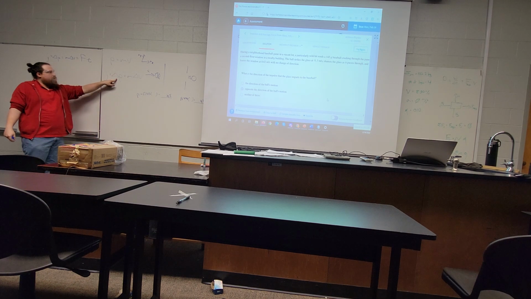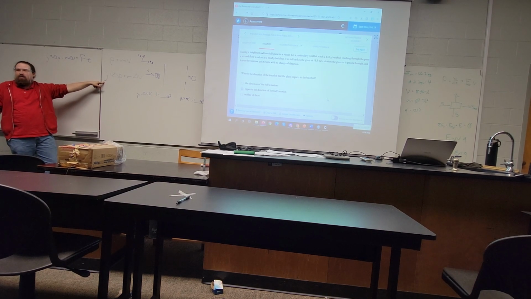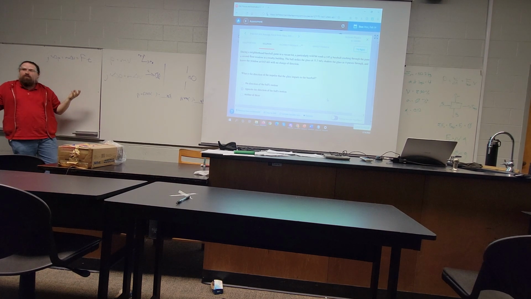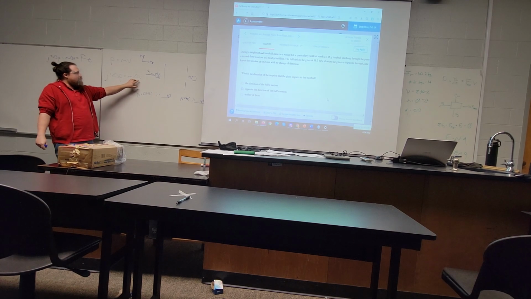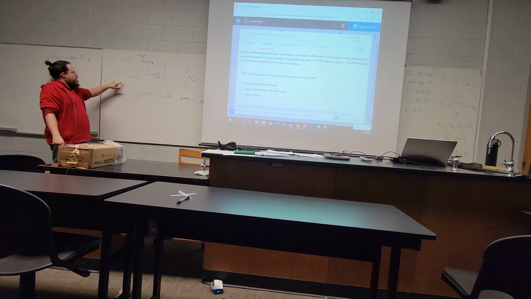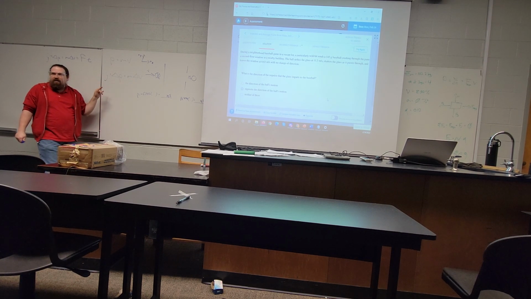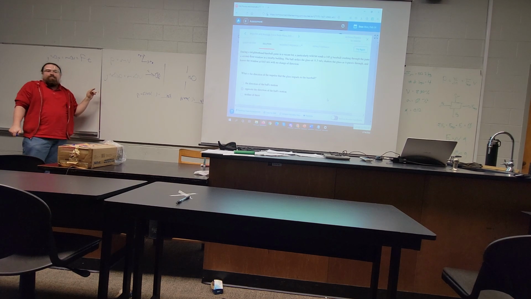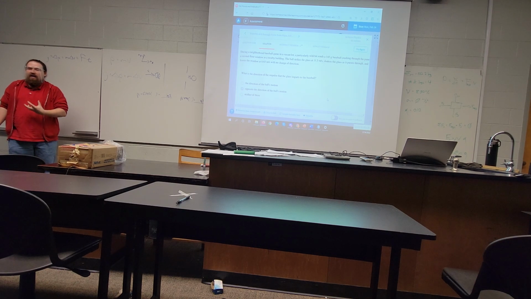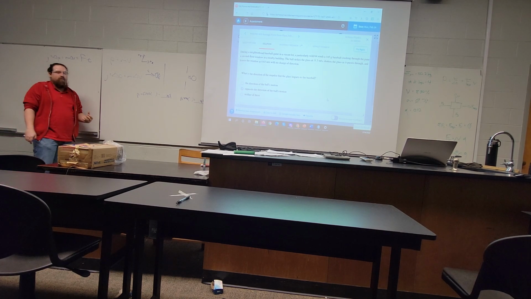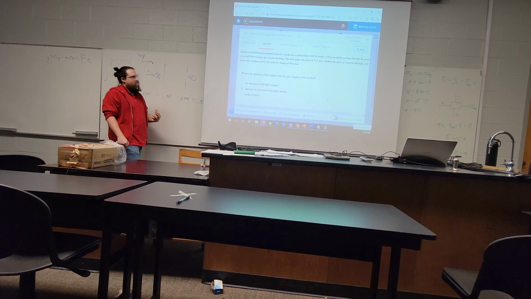Momentum changed, therefore it underwent an impulse. Change in momentum is just called impulse for reasons that only Isaac Newton knows. And since we can calculate that change in momentum, we can calculate the impulse. Now, whenever something changes momentum, we call that undergoing an impulse.